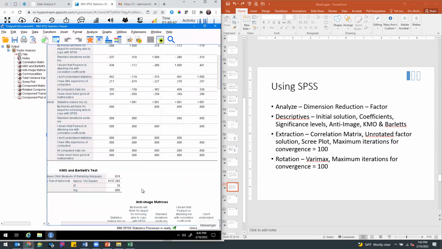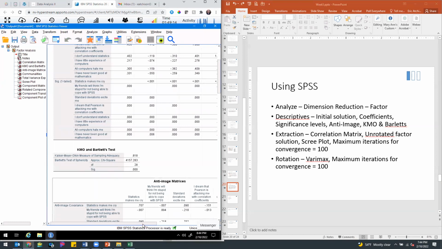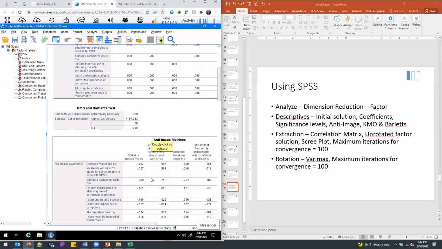The KMO and Bartlett, you remember, if it's greater than what? 0.8 is good, 0.9 is yeehaw. 0.8 is great. 0.5 is the minimum acceptable, right?